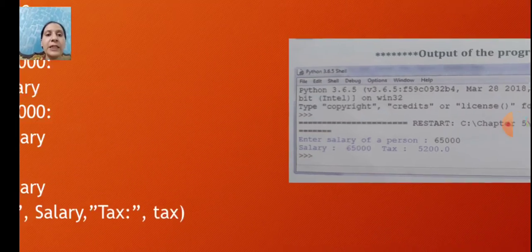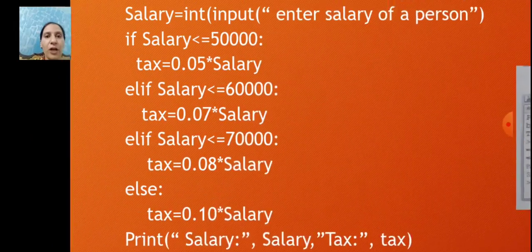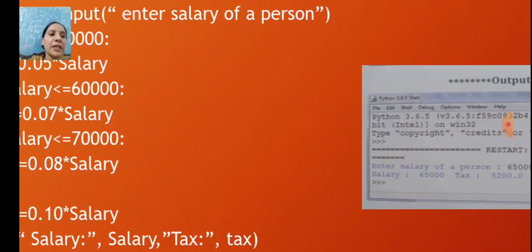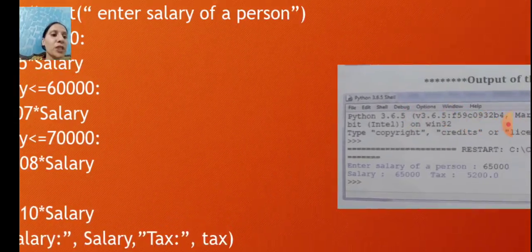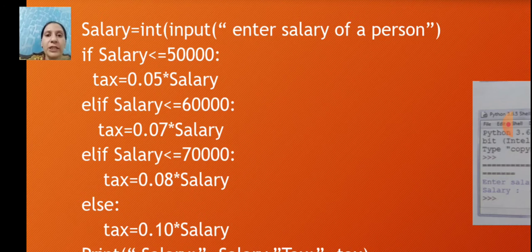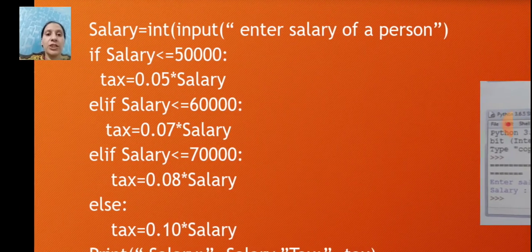See what it did? It checks. Now we have entered 65,000. First condition: if salary is less than 50,000, no, the condition is false. Our salary is greater than that, we have put 65,000 here. Next we move to the next condition. Elif salary is less than 60,000, no, we have put salary 65,000, so again this condition is false.